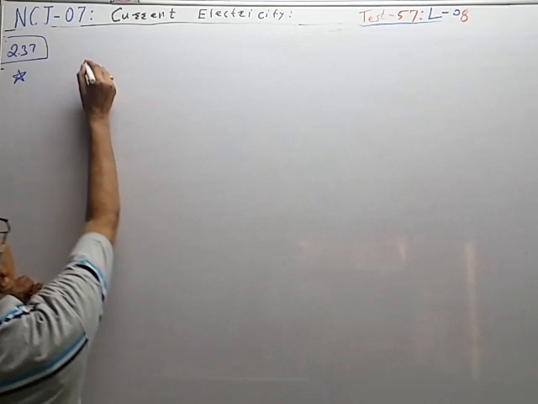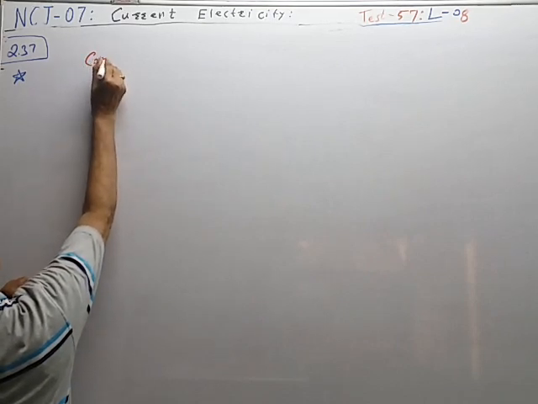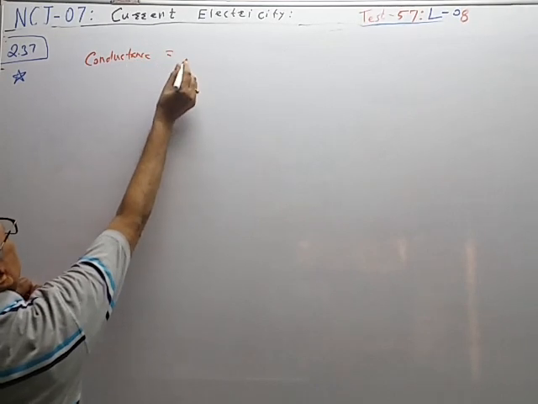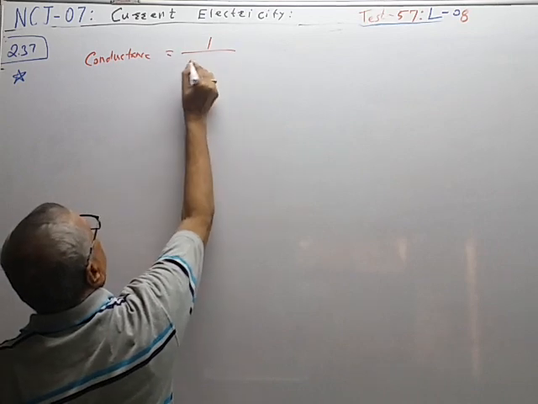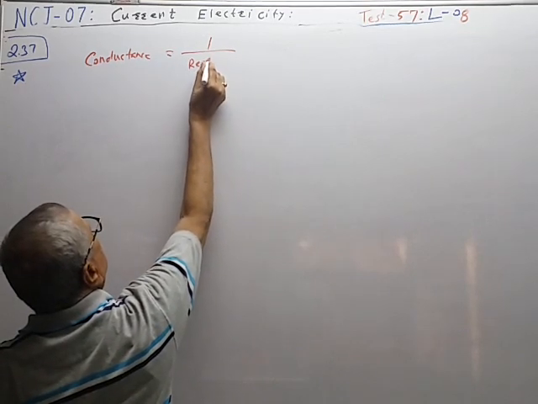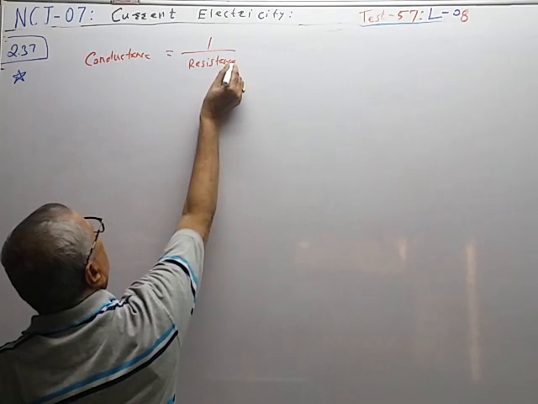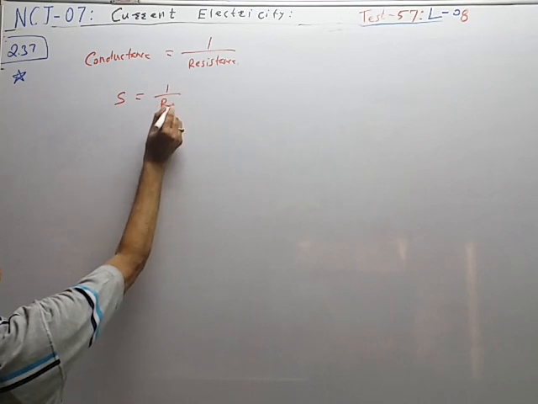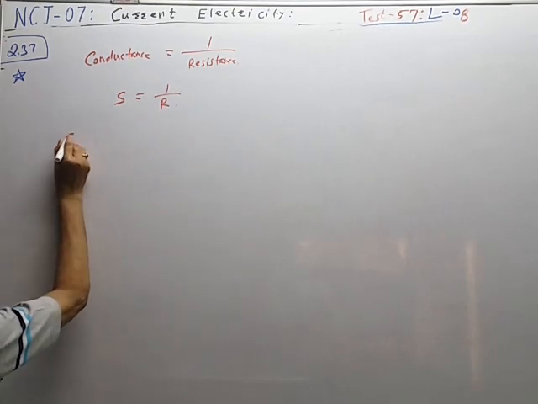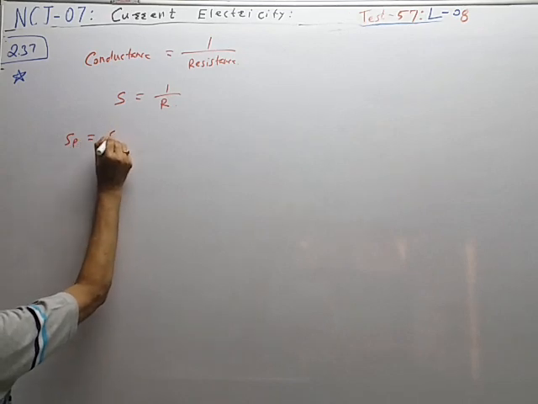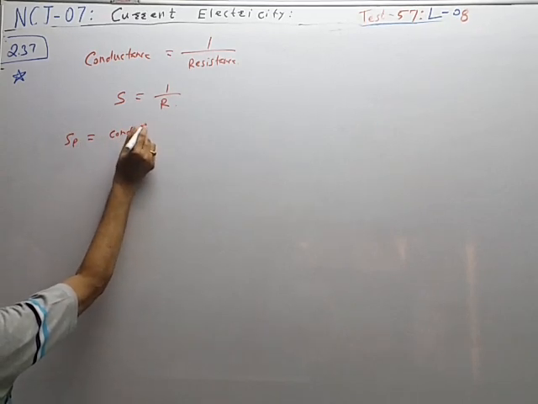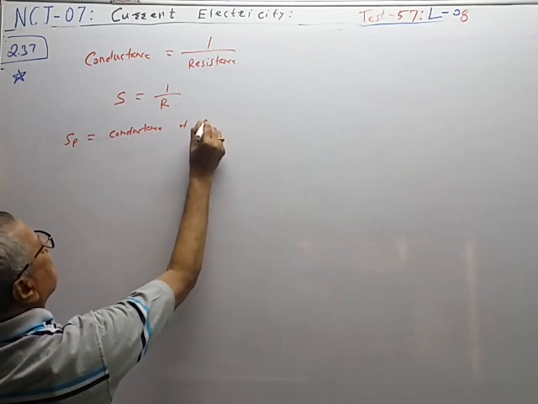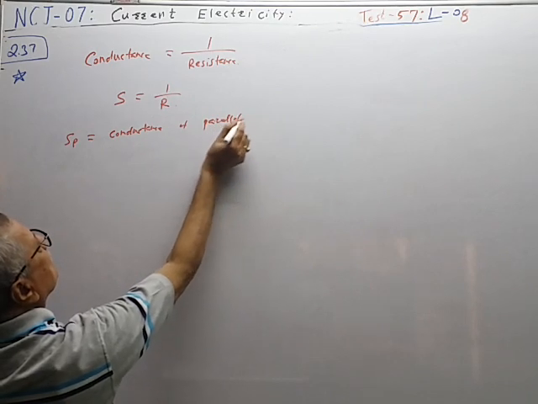So conductance is equal to 1 upon resistance. Symbolically, S is equal to 1 upon R. So, SP is equal to conductance of parallel arrangement. P for parallel.